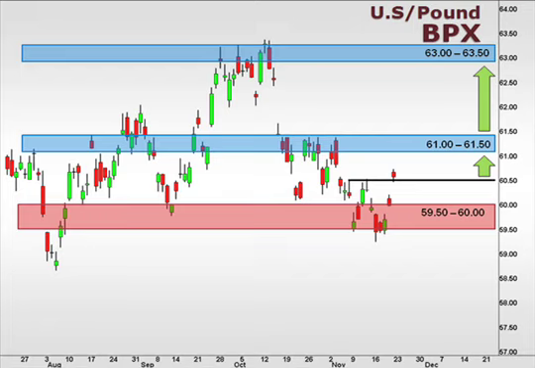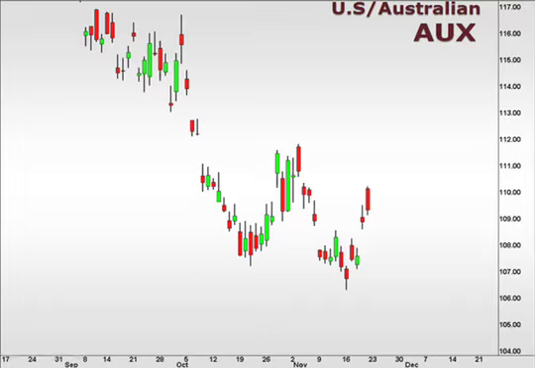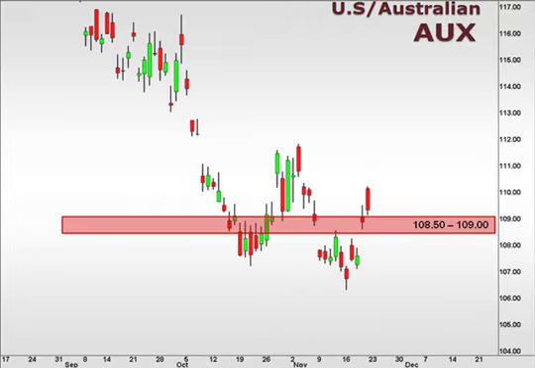Let's take a look at the AUX, the US versus the Australian dollar. Now, the trend in force continues to be down. However, the pair value did show some signs of bullishness this past week. Now, the US dollar managed to claw its way back above this 108.5, 109 focal zone against the Australian dollar. However, we did see the pair value close Friday on the lows of the day.